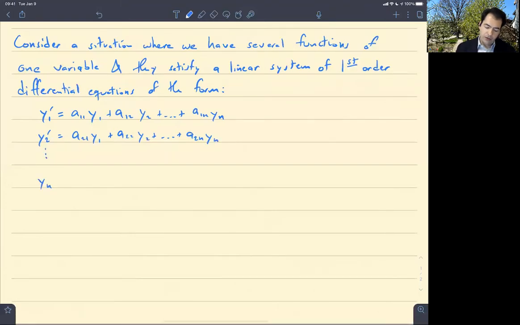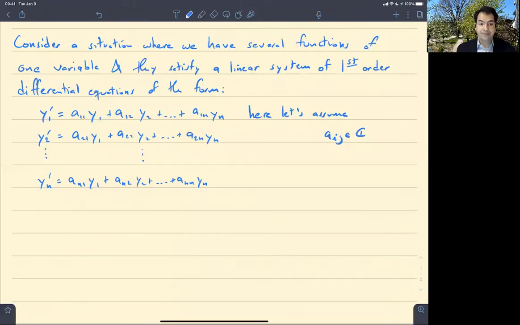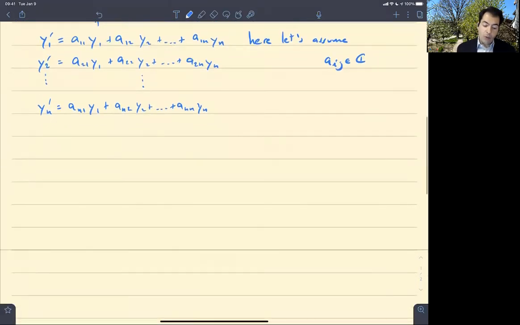And one such equation like this for every y up to yn prime, which is an1 y1 plus an2 y2 plus dot dot dot up to ann yn. Right, and here let's assume that each of these coefficients, aij, is a fixed number, let's say a complex number. y1 through yn are functions of t, and their derivatives are related in this way.